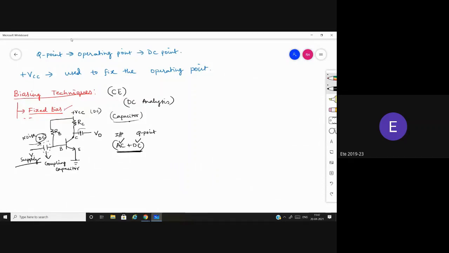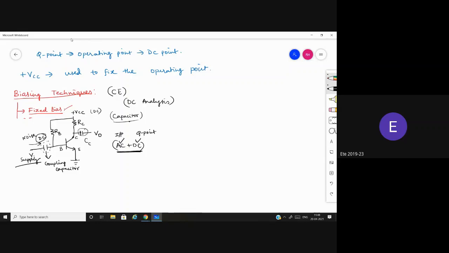Now again, at the output also we are using a coupling capacitor. Why? The transistor is going to amplify the AC signal, but to fix the operating point we are using plus VCC, so DC current is also going to flow through this. There is a chance of mixing of AC and DC signal in the output.